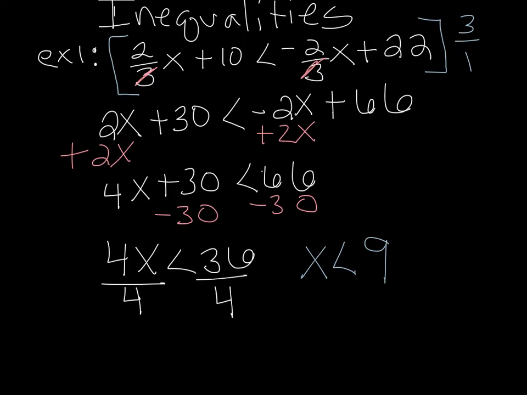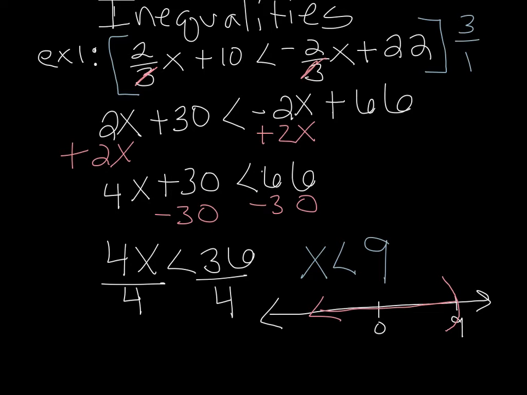Okay. Now, some of you have been asking, well, how do I graph that? So what you want to do when you graph it is to create a number line. Here's 0, here's 9. We know that because this is just a less than symbol, I should have an open parenthesis, and that would go to the left.